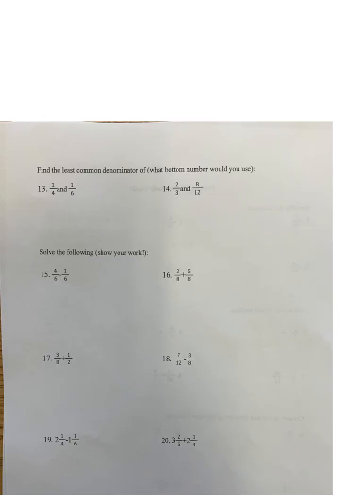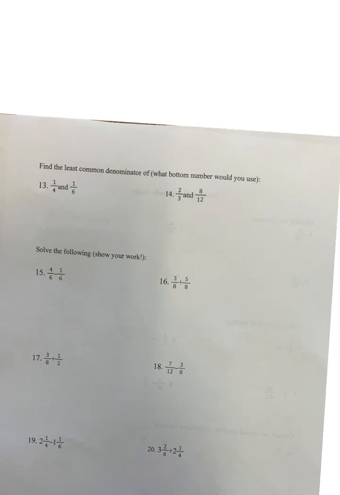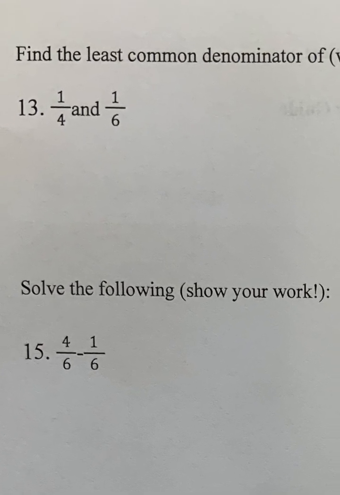All right, question 13 and 14. I'm supposed to find the least common denominator, and it's asking what bottom number would I use. So a least common denominator is a number that both denominators go into, but least common means that it's the smallest. Let's break it down and look at number 13.